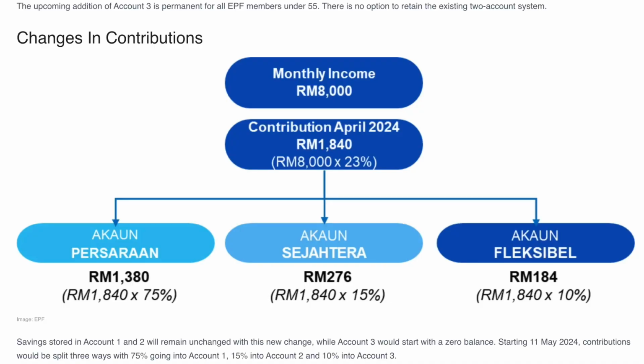But let's not jump ahead. Let's now identify what Account 3 is. Account 3 is a recent account established by the government and the EPF as the flexible account. Essentially, it should have the least amount out of all three accounts, because a huge percentage goes to Account 1, Account 2 has about 20 to 30%, and Account 3 is less than that.